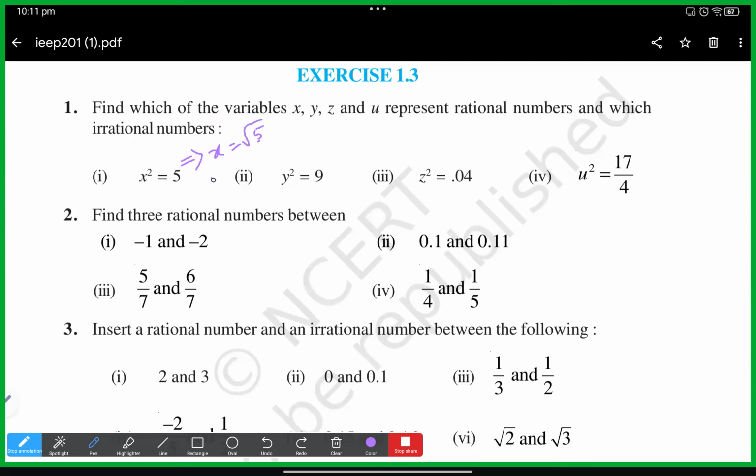So x is irrational. The second one: y square is equal to 9, so y is equal to root 9. Root 9 is plus or minus 3, which are both integers, so rational.